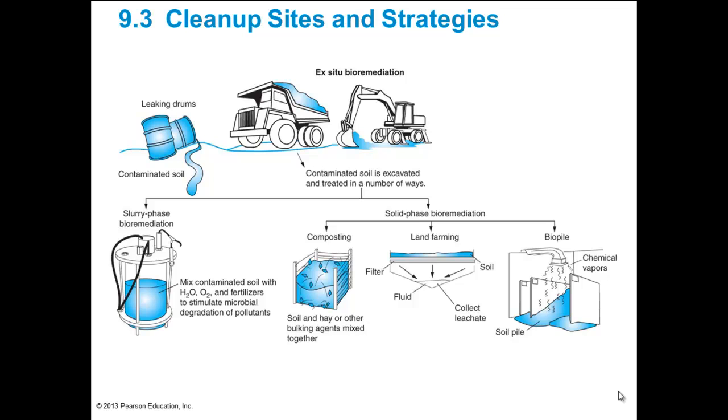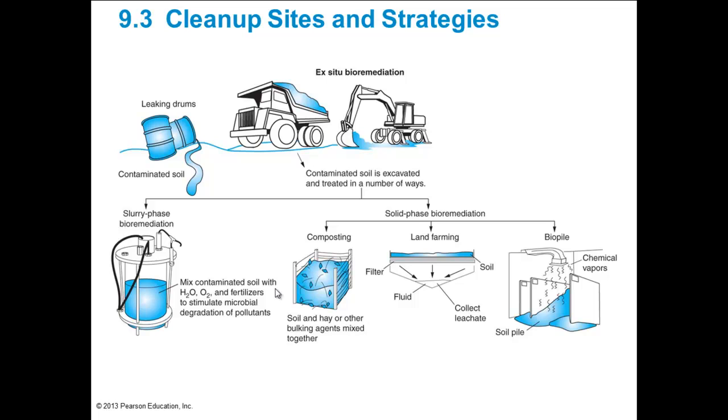Okay. And so with ex situ bioremediation, you're taking the contaminant, you're excavating it. You could go to a slurry phase bioreactor where this is in a liquid, and you mix the liquid with nutrients to get rid of the pollutants. Or you could go with composting, where you stimulate different activity.